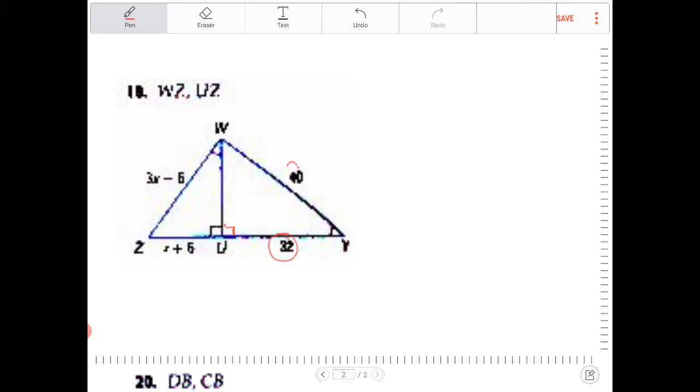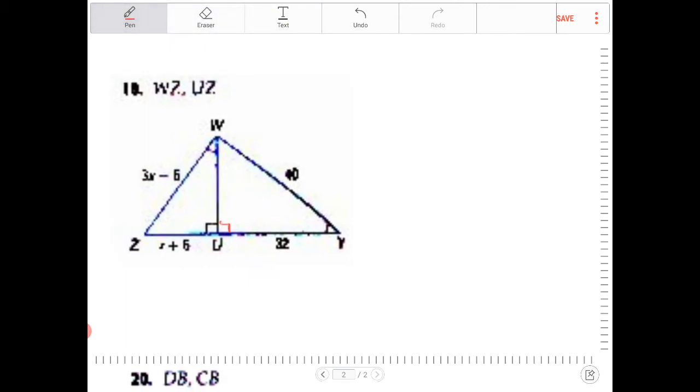This is 32, this is 40. I can use Pythagorean theorem to solve for WU. WU squared is equal to 40 squared minus 32 squared. WU, if you solve this, turns out to be 24.